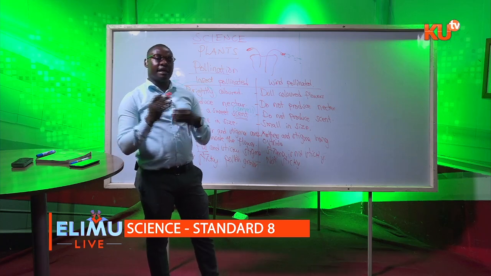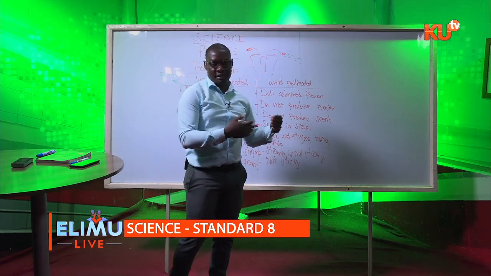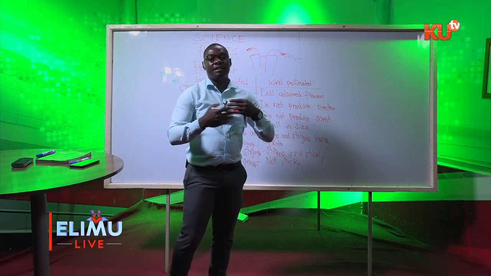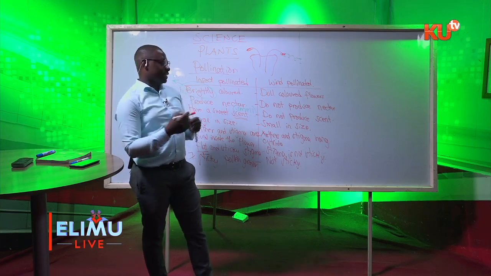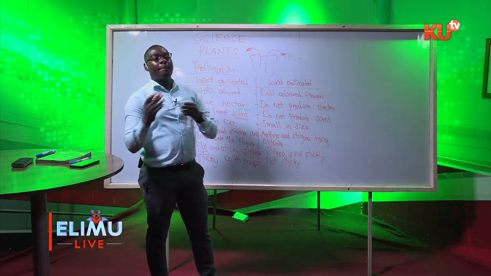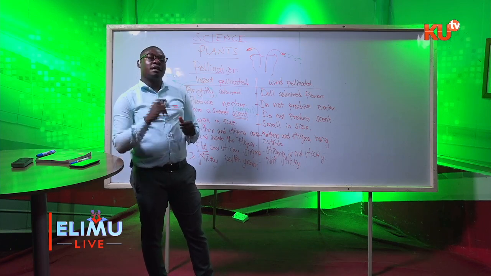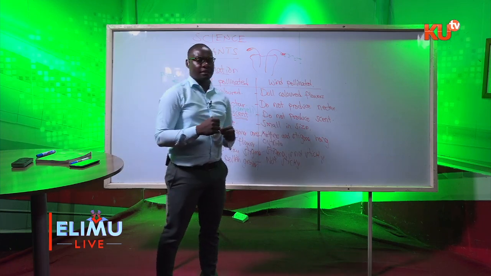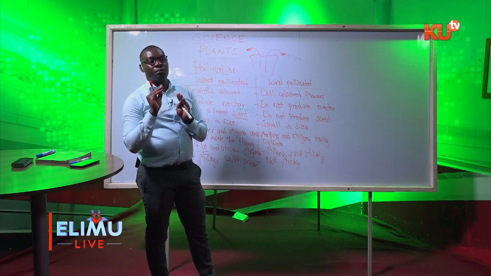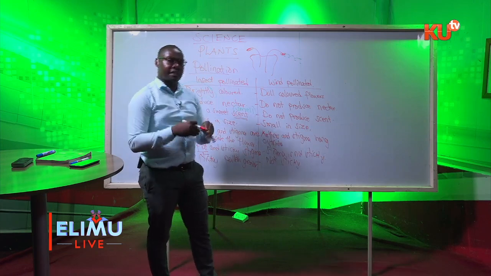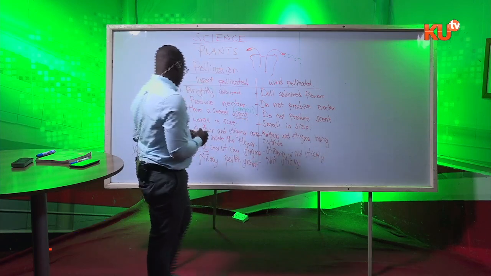Remember, the insect does not know that it is pollinating the flower. For the insect, it's looking for the nectar. So in the process of looking for the nectar, the sticky pollen grains produced by the anthers will stick to the body of the insect.